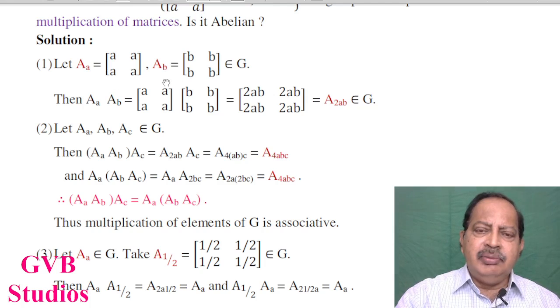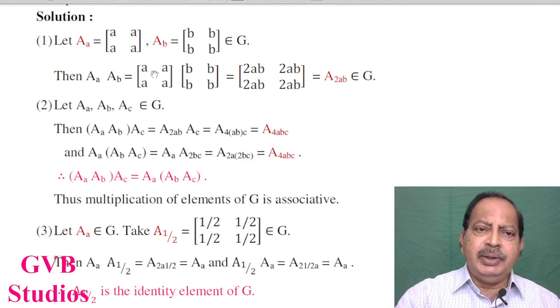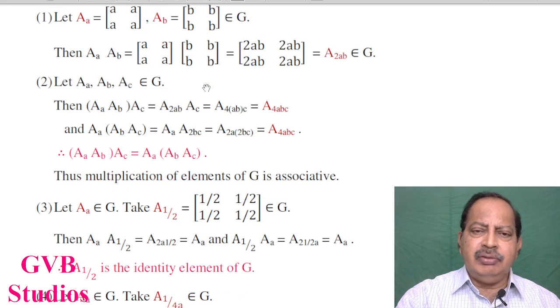I am taking A_a and A_b in the set G. We go to the multiplication of the matrices. A_a multiplied with A_b is equal to, I will write matrix aa aa times bb bb. On multiplication of matrices, we get 2ab, 2ab, 2ab, 2ab.